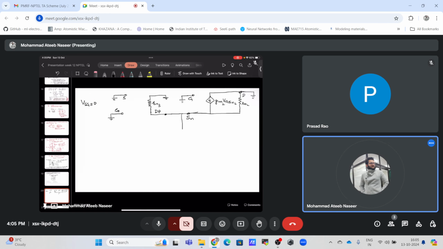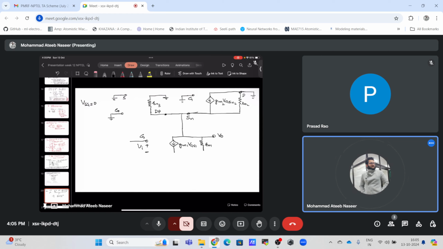This M1 has Vi at the gate, and it has GM1 VGS1 times R01. This will be V0.